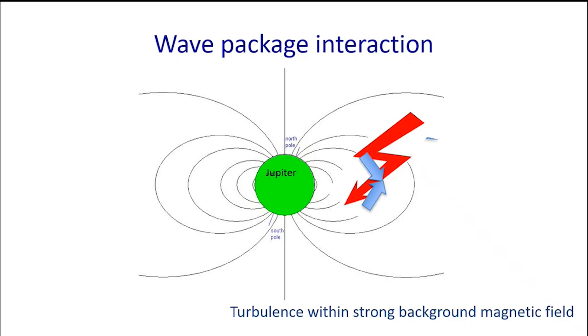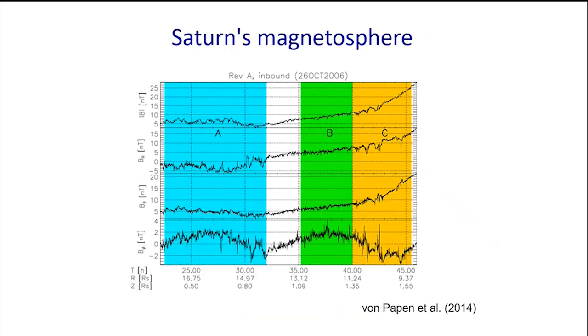So the wave packages are always traveling along a given guiding field. They do not change the topology of the system, but are waves within the topology of the large scale field.